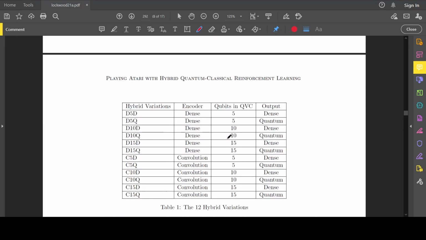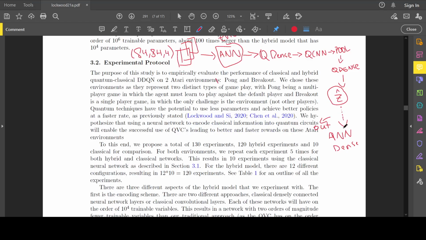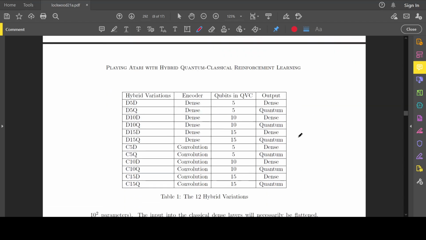The number of qubits is pretty self-explanatory. The output, quantum, means you just directly take these Z expected values and use those as the state-action Q value, or you can feed these Z values into a dense layer and then take that output. So that's what that means.